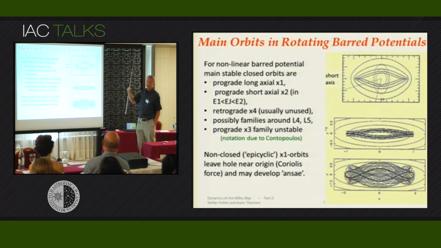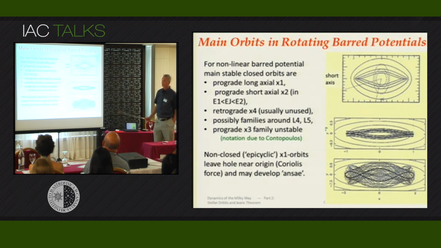Non-periodic orbits follow essentially the periodic orbits, but they have some epicycle oscillation around it. And this you can see here. This is a barred potential. Again, here we have the X2 orbits. This is the X1 orbits. They both rotate in the prograde sense in the pattern of the bar.